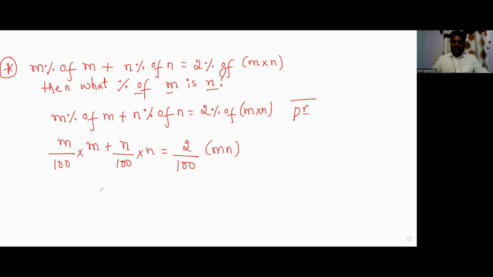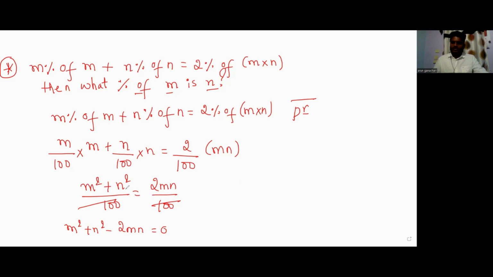Yes or no? Now, if I take the LCM as 100, 100 will get cancelled everywhere. This M into M will become what? M square. N into N will become N square. Here it will be 2MN divided by 100. 100 and 100 will get cancelled. What are we left with? We are left with M square plus N square minus 2MN is equal to 0.